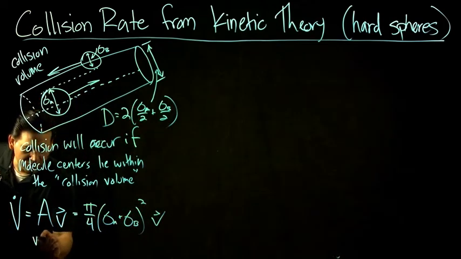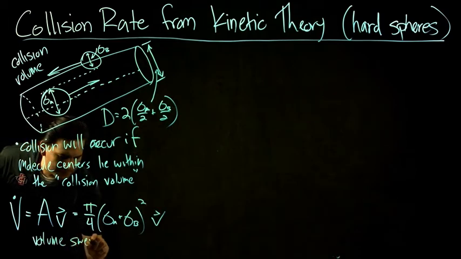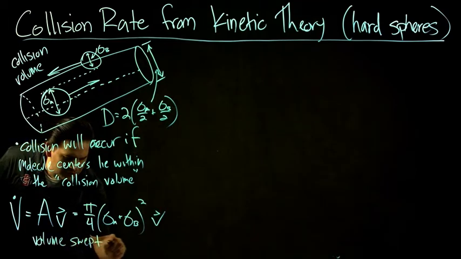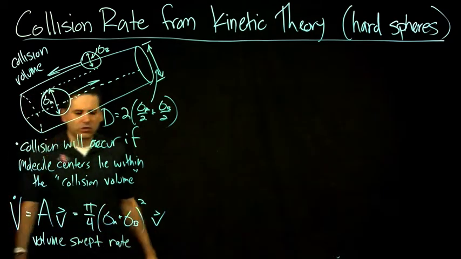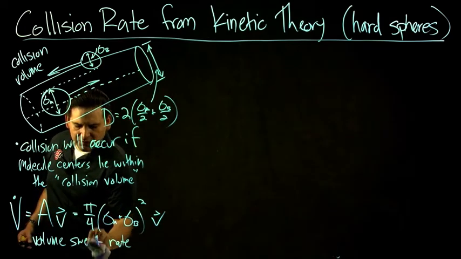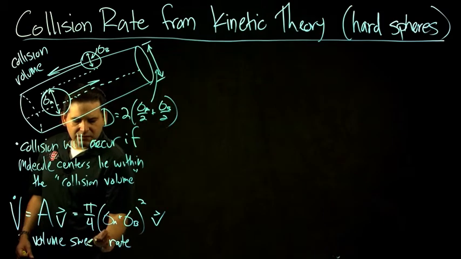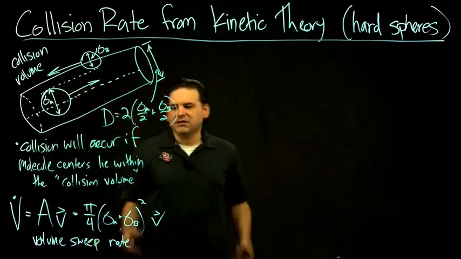So this is the volume swept per time, the volume sweep rate. This is how much volume is occupied or crossed. Sweep meaning you move in space over this volume.